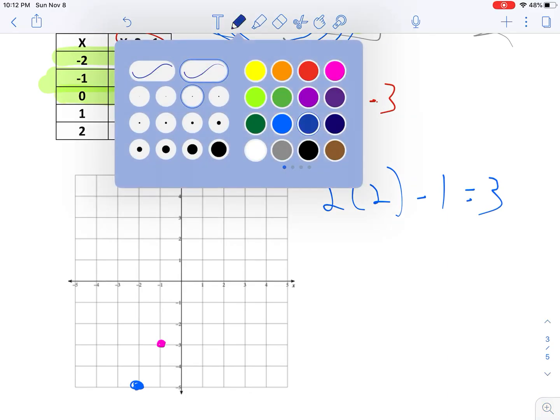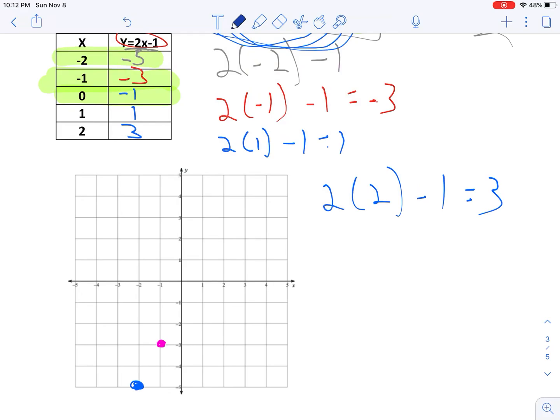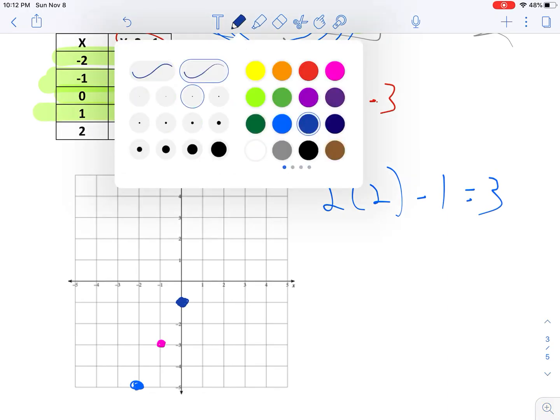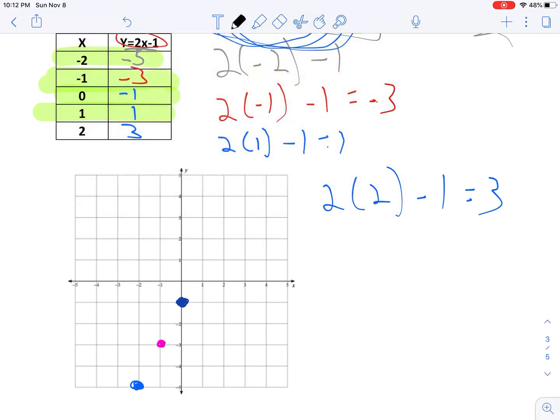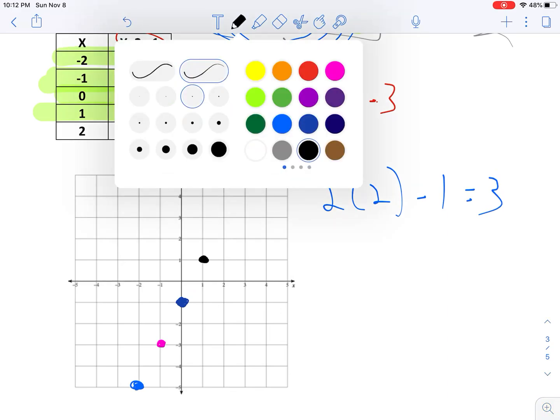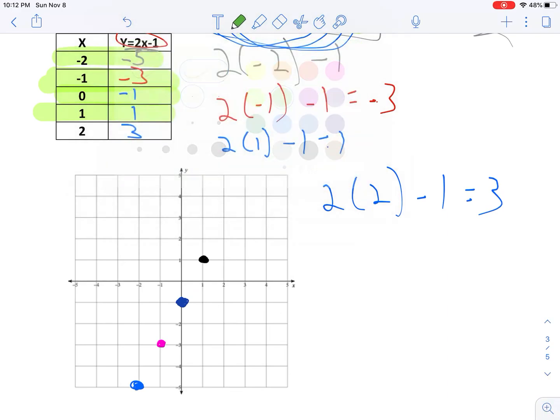Third, I'm going to plot the point 0, negative 1. So I move left and right 0, and I go down 1. Now the point 1, 1, over 1, up 1. And then lastly here, plot the point 2, 3. So I go over 2 and up 3.